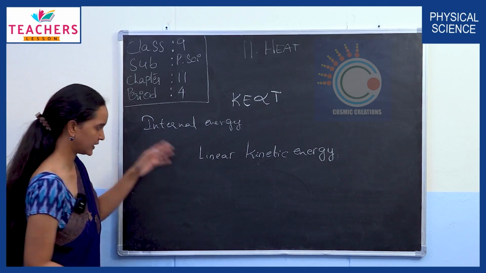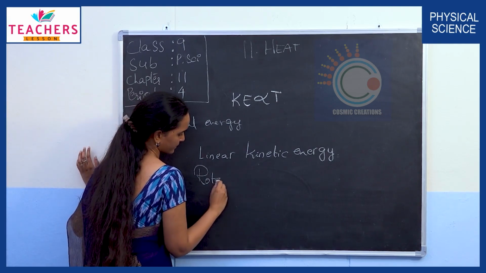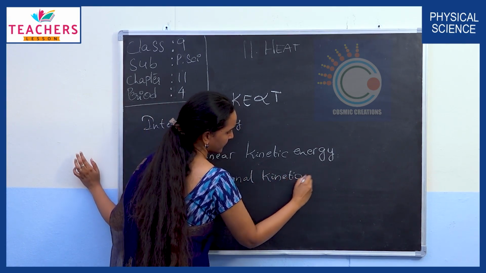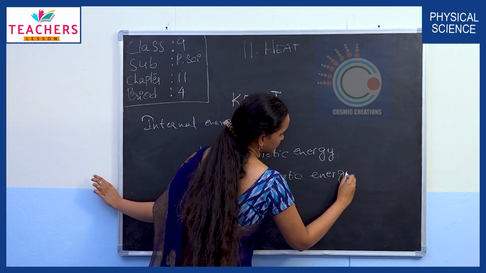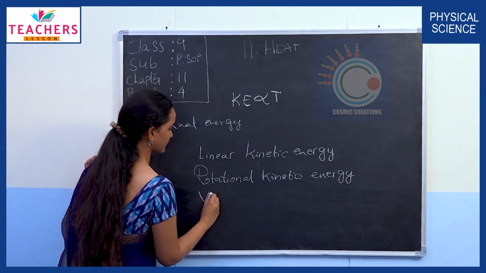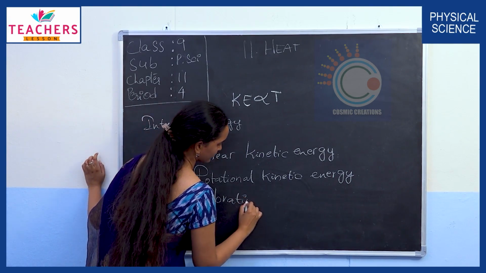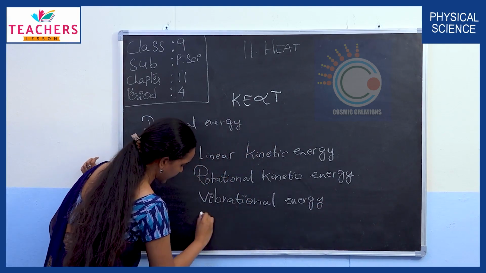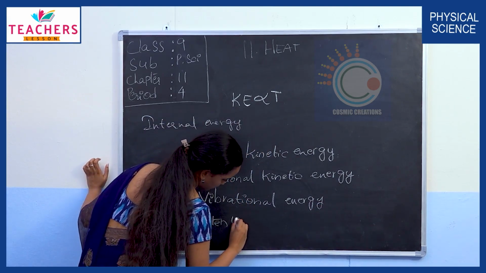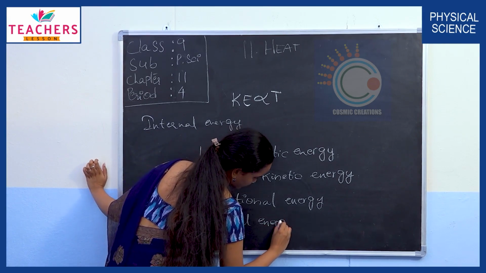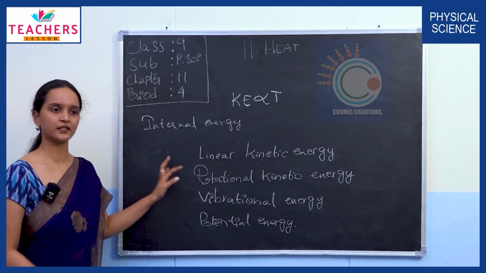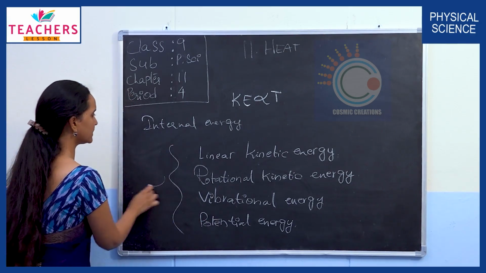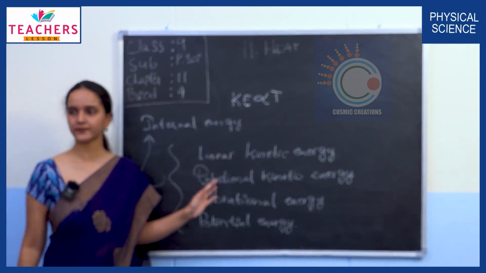The particles of the body will have linear kinetic energy, rotational kinetic energy, vibrational energy, and potential energy. Right? All these energies together make up the internal energy of a body. Okay?